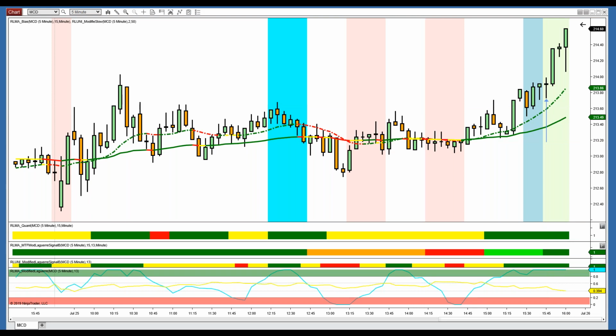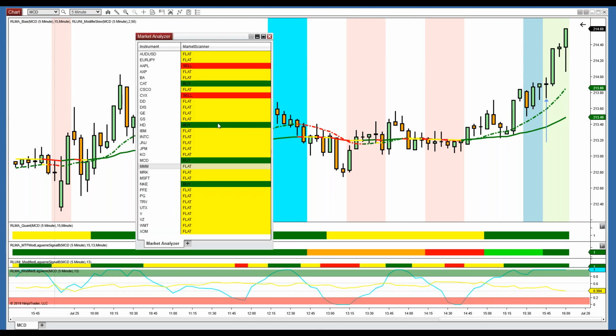You need a multi-time frame alignment of trend on the scanner, on the analyzer, and you need green, green, and green, both Laguerres and the quant and the background and the 50 green and the 15 green, and you already got yourself a trade.